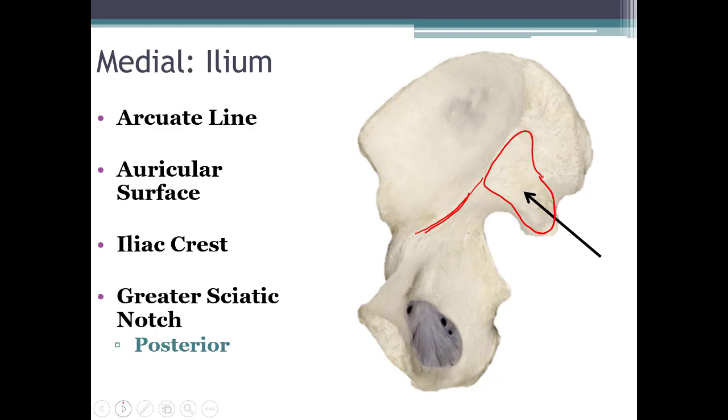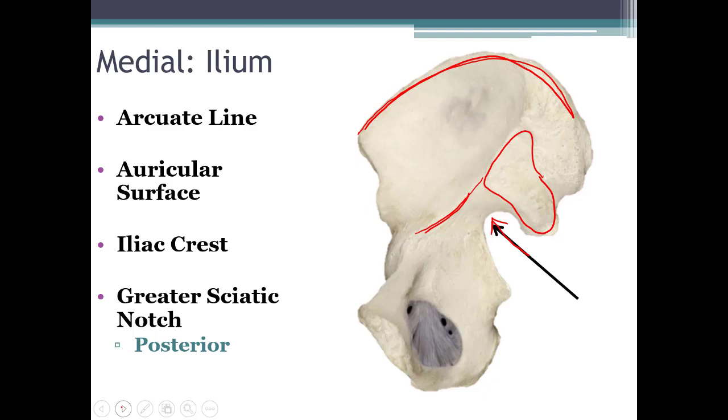Now, a prominent ridge is known as a crest, and the ilium has one big one right there, and this is the part that you feel when you put your hands on your hips. So that's the iliac crest. Posteriorly, we have this big old notch here known as the greater sciatic notch. This is where the sciatic nerve comes out from the spinal cord.